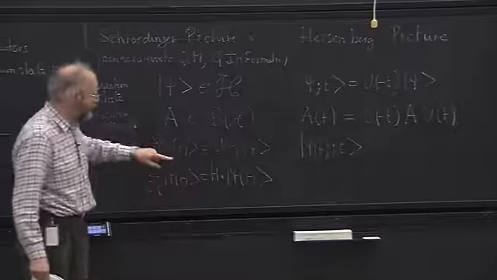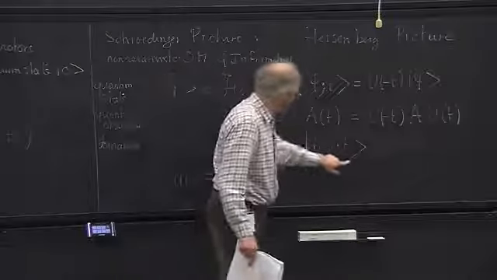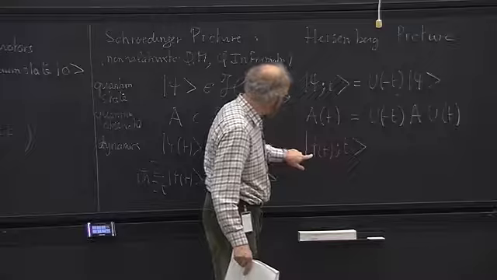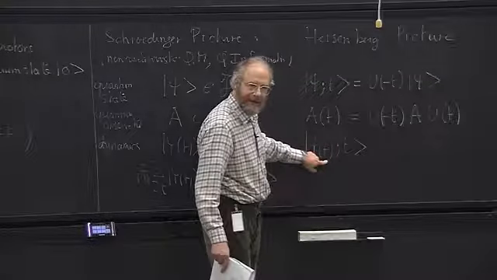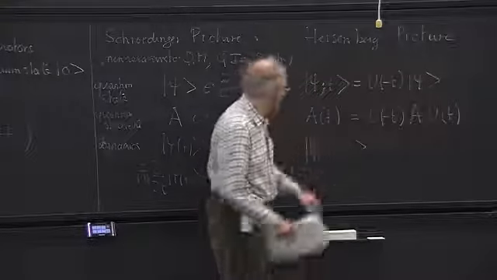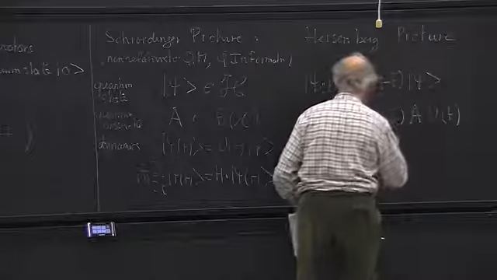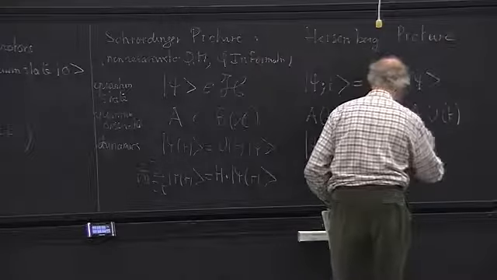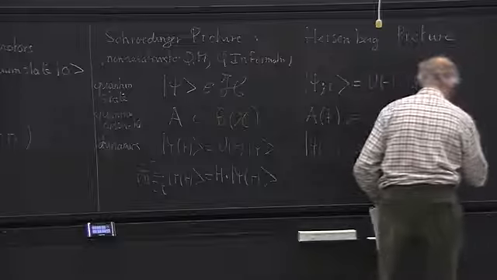What is the wave vector that describes the state psi of t at time t? Okay, this is simply U of t, U of minus t, of psi. So this is psi.